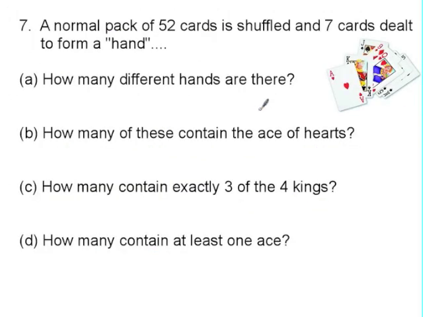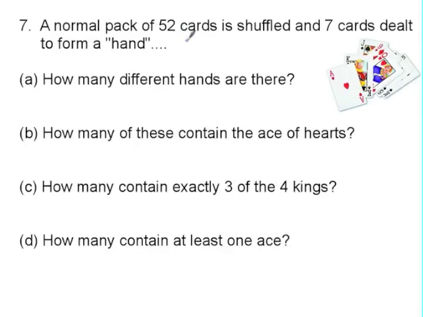Again, I would suggest that you pause the video and try this question for yourself before watching my solution. Example 7. A normal pack of 52 cards, shuffled and 7 cards dealt to form a hand. How many different hands are there? Well, we just need to choose 7 cards from the 52.